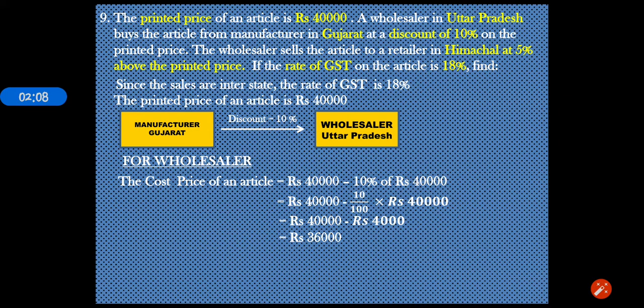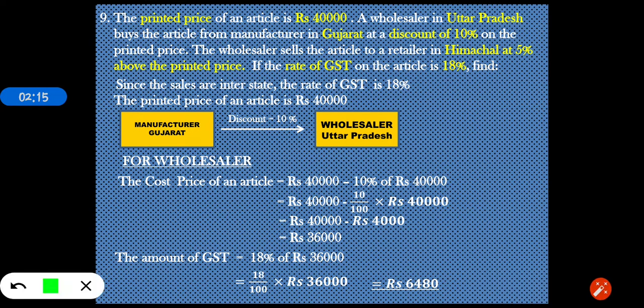So rupees 36,000 is the cost price of an article. After calculating the cost price of an article, let's find the amount of GST. Amount of GST is equal to 18 percent of rupees 36,000, that is 18 divided by 100 into 36,000, which is equal to rupees 6,480.